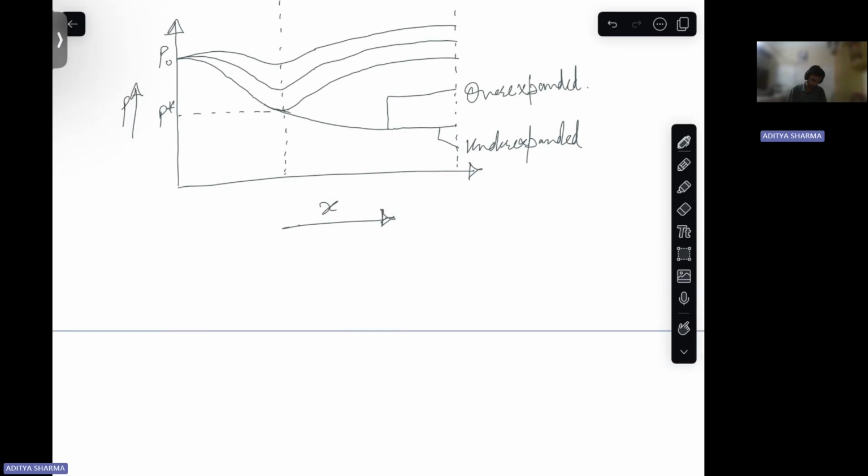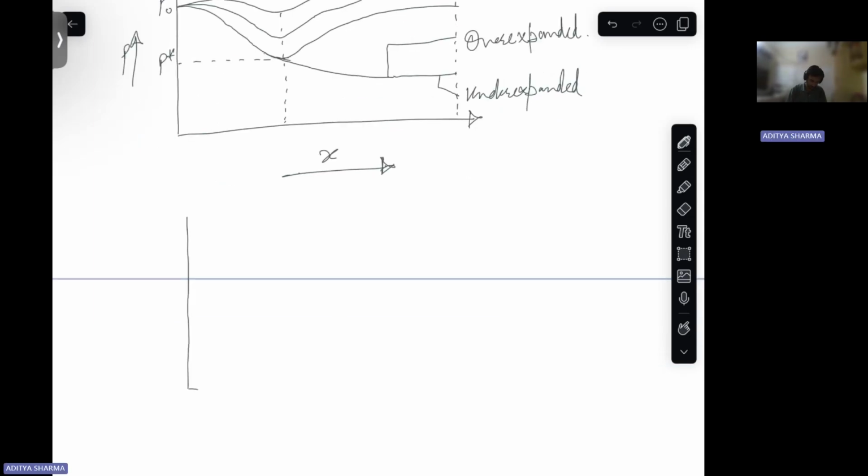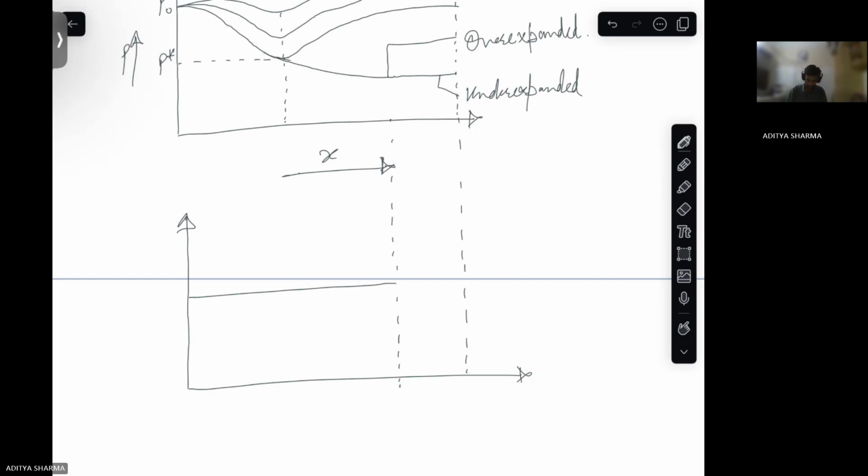One more diagram has been drawn that is related to mass flow rate, that is in the nozzle. This is mass flow rate.